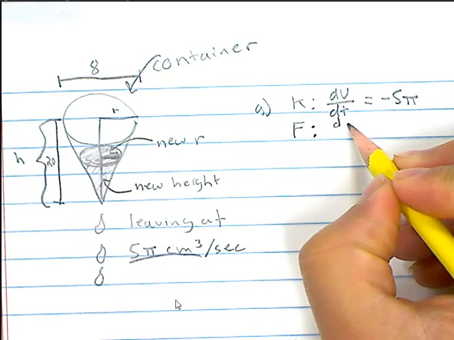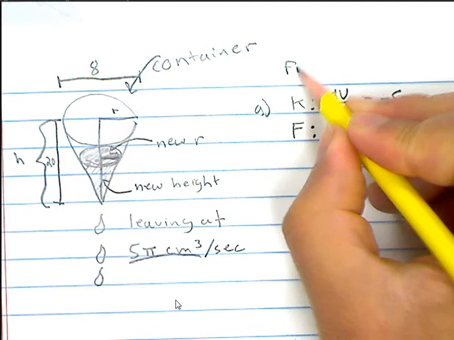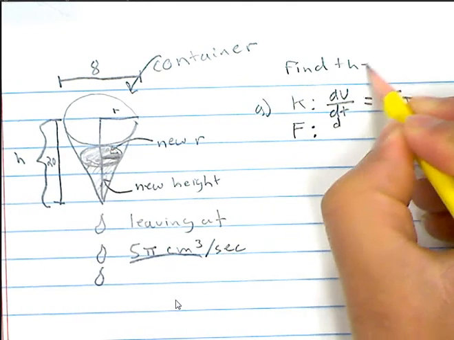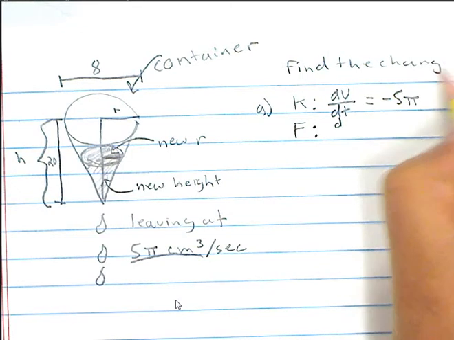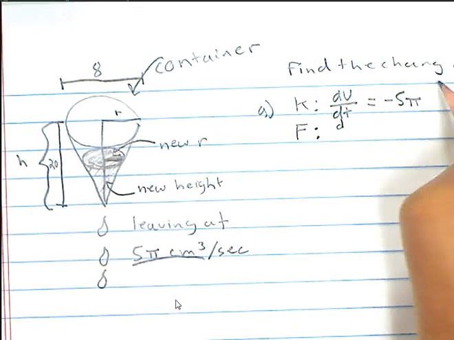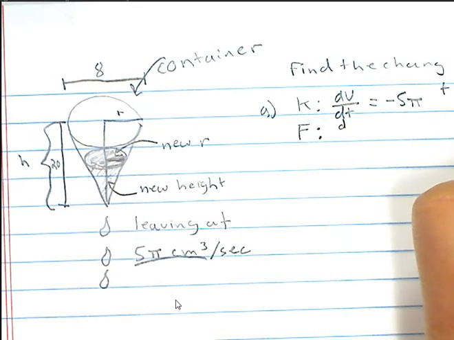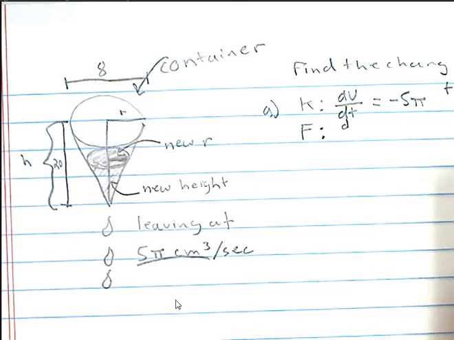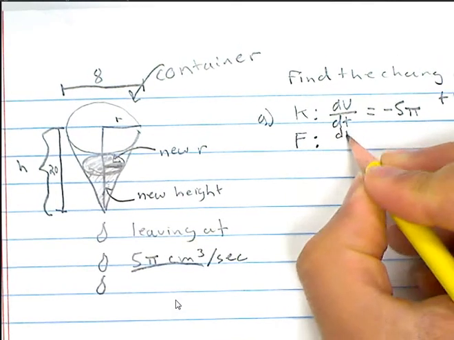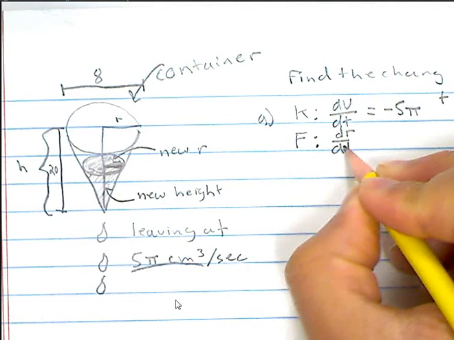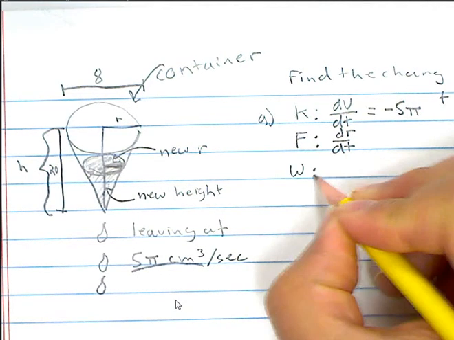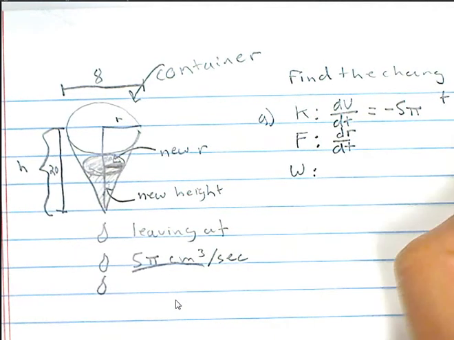Let me write it down. Find the change in the radius. Alright, so dr/dt is what I'm trying to find. And then we need a when.